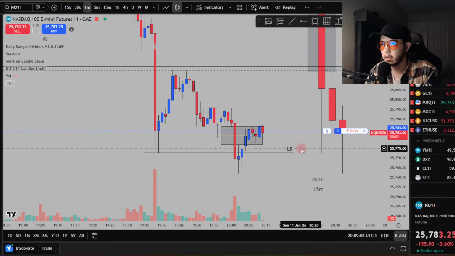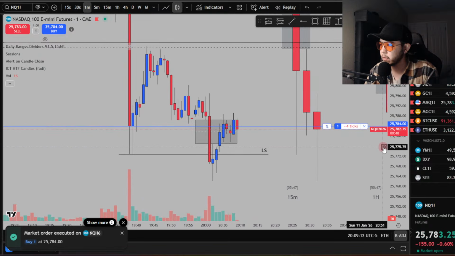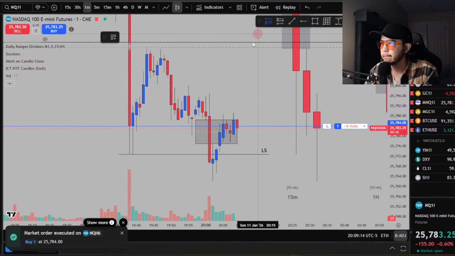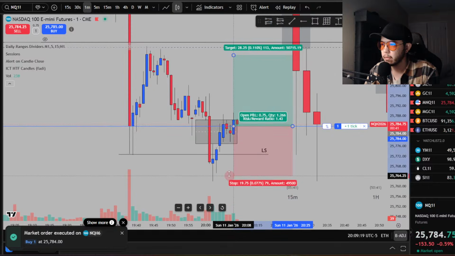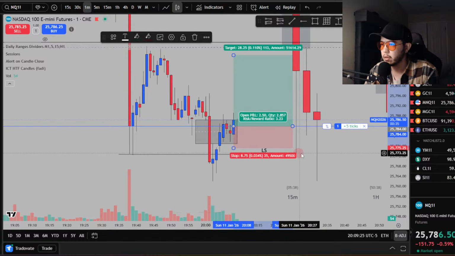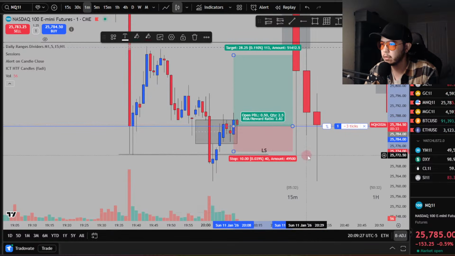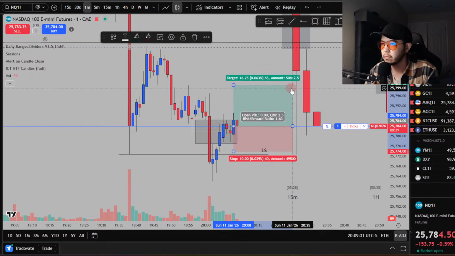See if it closes above it. If it closes above it, I might get in here. I might go for a long. I'm gonna get in if I can. So let's see. I'm gonna put it here, below this level, and we're gonna target here. So I'm just gonna go for a quick one.